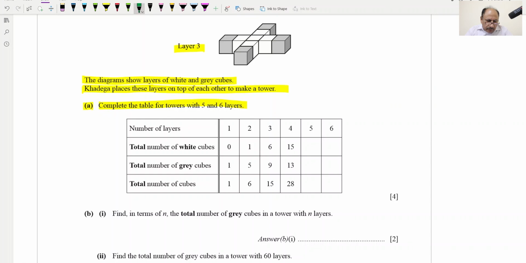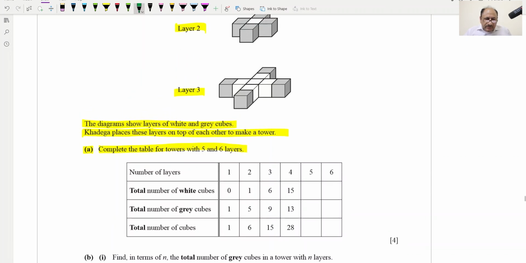For this one, I'll change the color. We need to write the total number of white cubes. For example, 1 and 6 will have a difference of 5, then a difference of 9, and then there will be a difference of 13. So we can figure out 0, then 1, then 6, then 15.